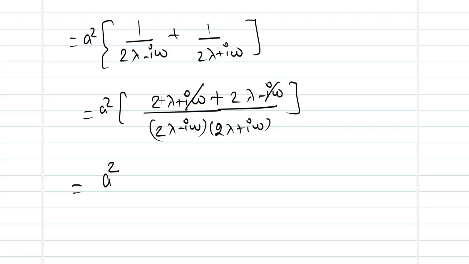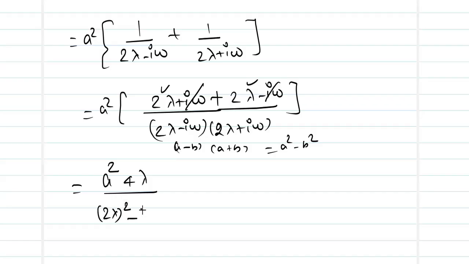You will have a square, 2 lambda and 2 lambda make it 2 plus 2, so it is 4 lambda, and in the denominator this is of the format a minus b into a plus b. You can use it as a square minus b square. So you will have 2 lambda the whole square minus b square. What is in place of b? I omega the whole square.